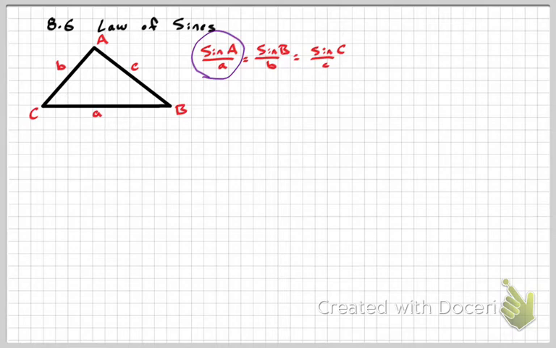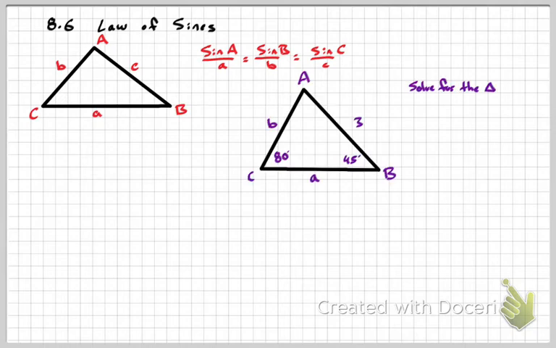The way we know to use the law of sines is, number one, it's not a right triangle. Number two, I have a complete ratio, like I know what this angle measure is, and I know what this side length is. From there, we really only need one or two pieces of information to find something that's missing.